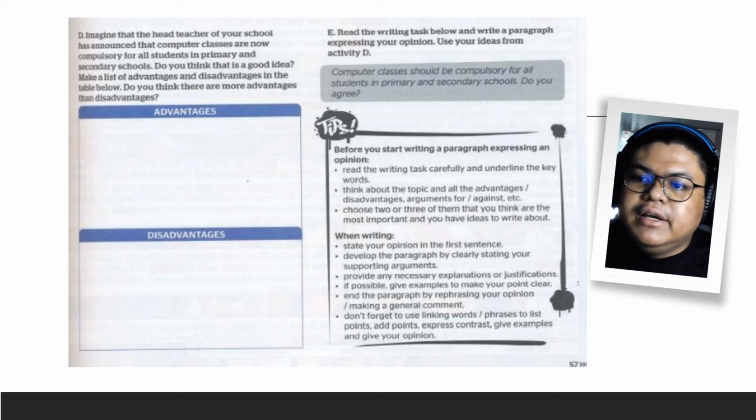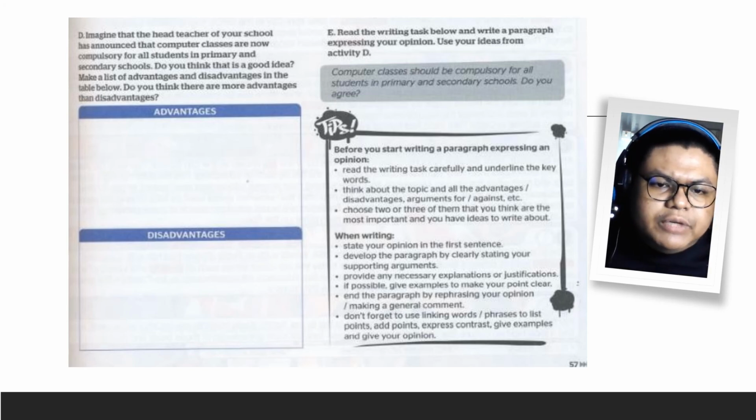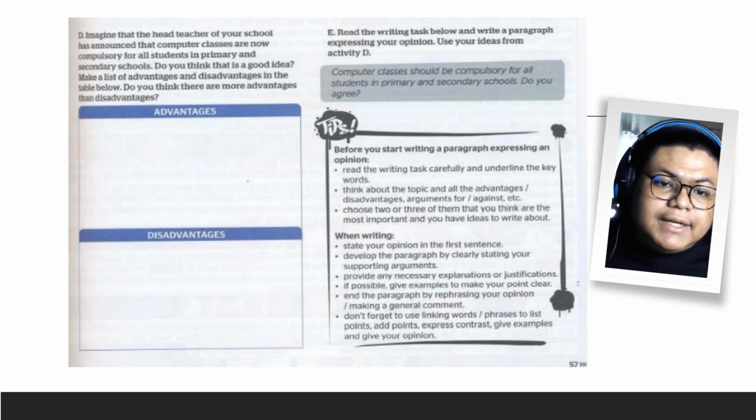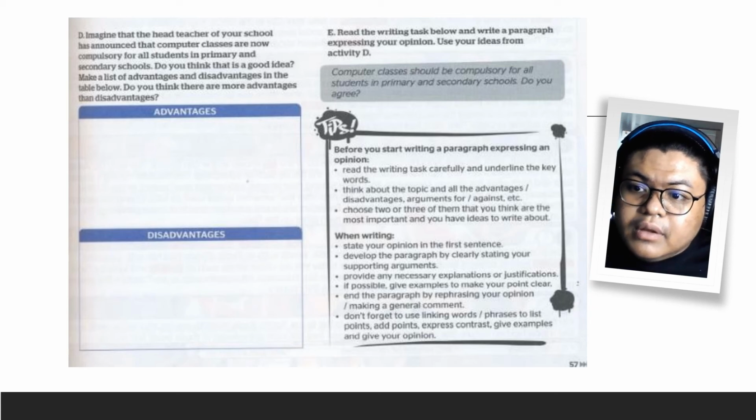Okay, do you think there are more advantages than disadvantages? Okay, so in this situation, what you have to do is you have to imagine that in your school, the teachers are asking all of you, okay, to take a course on computer classes, whether you are in primary or secondary school.